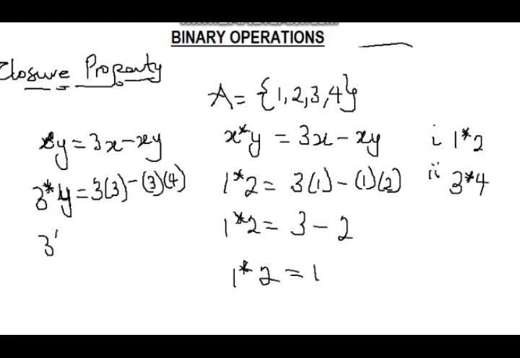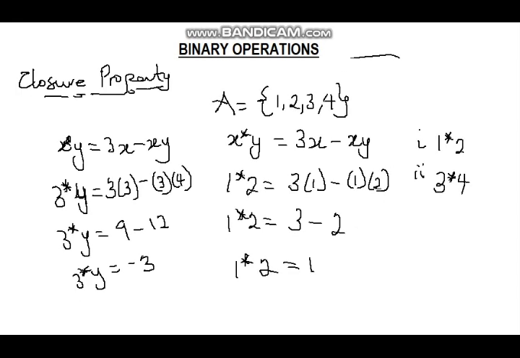So 3 star 4 is equal to 9 minus 12, which is minus 3. So let me ask, is the minus 3 in the set that was given?